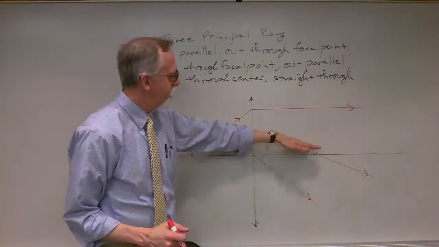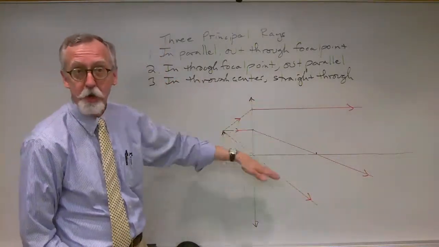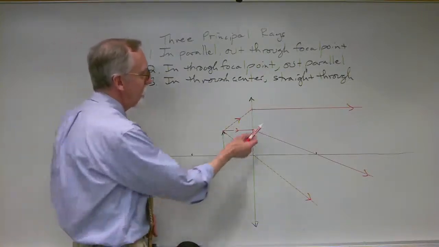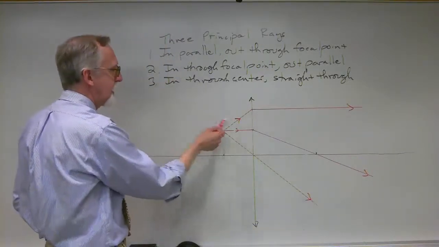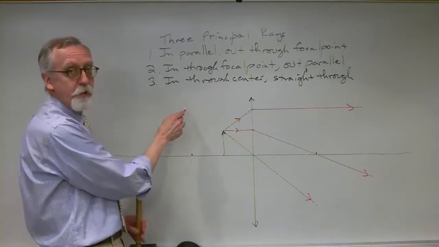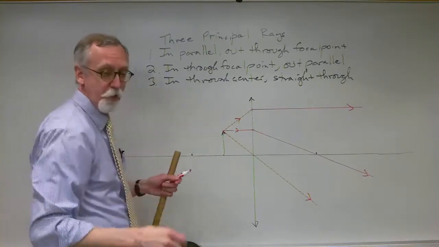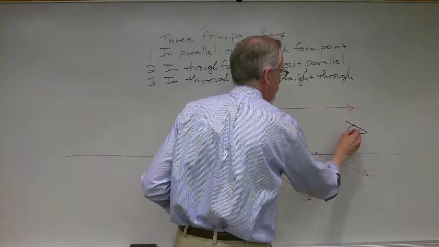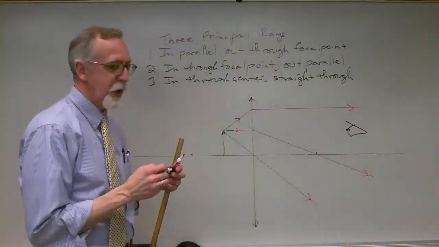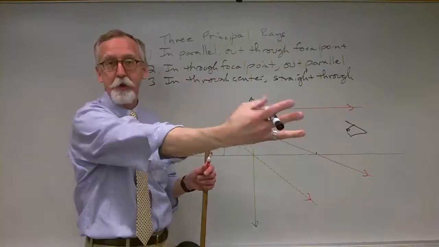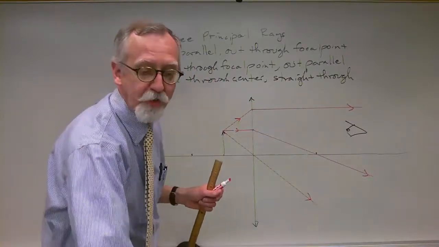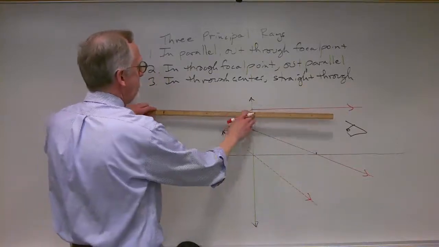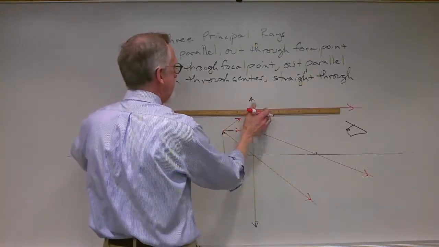Well, we look over here, these rays do not converge. They don't come together at any place over here. However, we'll notice if we could trace them back, they appear to come from some point over here. If you'll remember talking about this before, when you're looking at these rays, your eye will trace those rays back to the point where they appear to come from. So we'll trace these rays back. Where do they seem to come from?